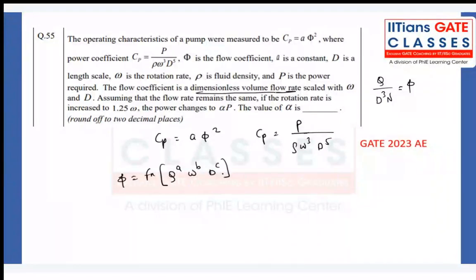One more thing I want to give. To avoid this confusion, you always write one shortcut. Whenever you are writing any set of repeating variables in the bracket, we call it a set of repeating variables.